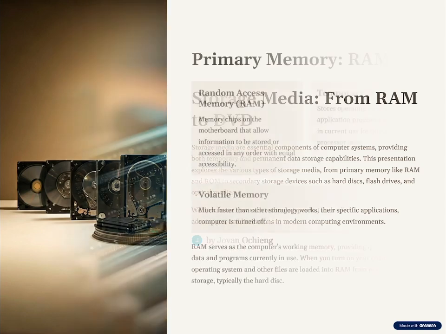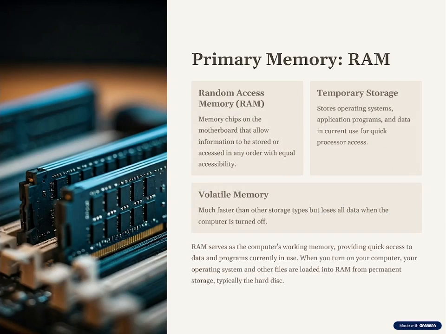Now, the primary memory. The primary memory includes two types of memory: the random access memory and the read-only memory. The random access memory, the RAM, is referred to as the primary memory, and it's a memory chip on the motherboard that allows information to be stored or accessed in any order with equal accessibility.